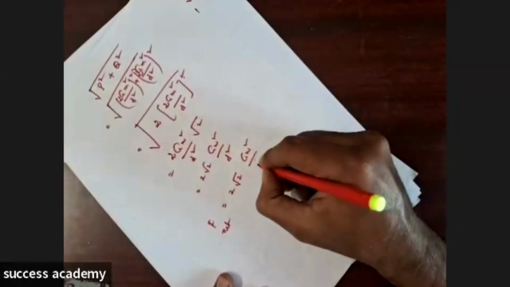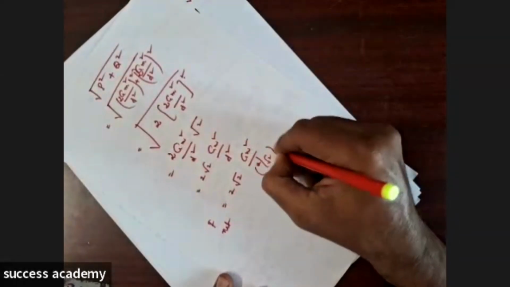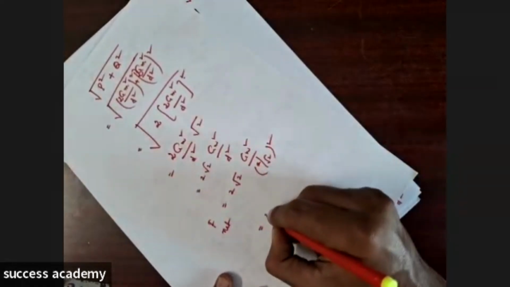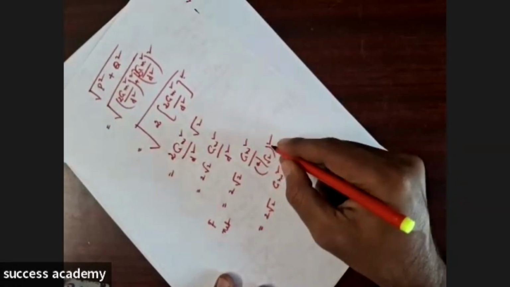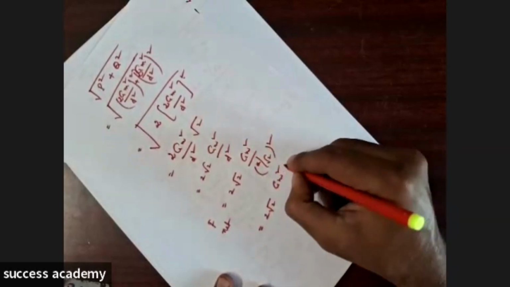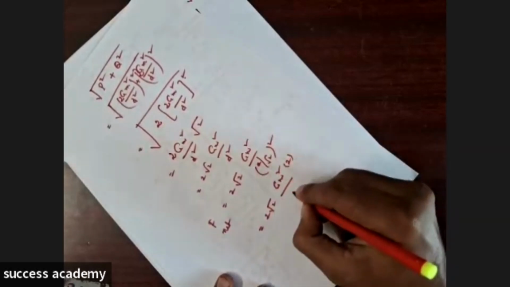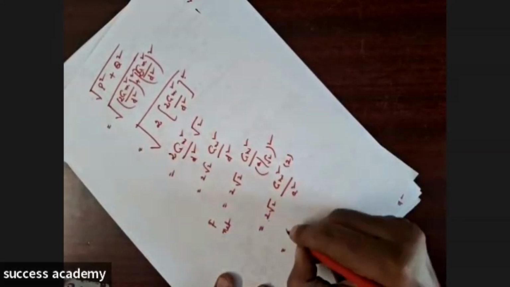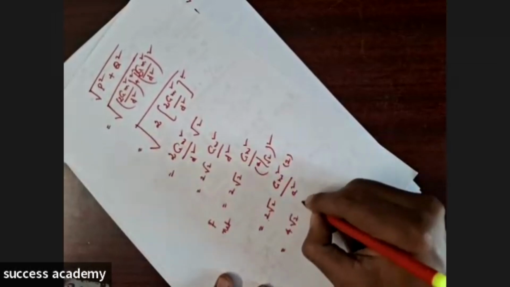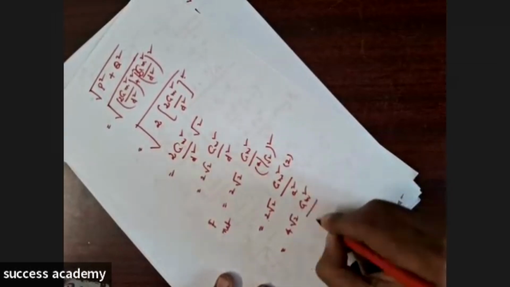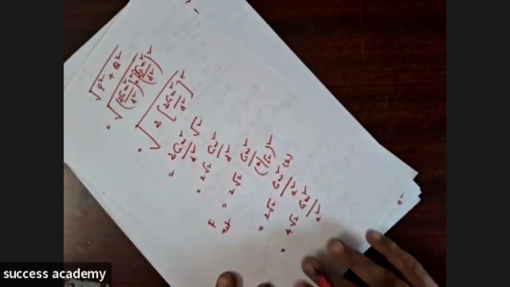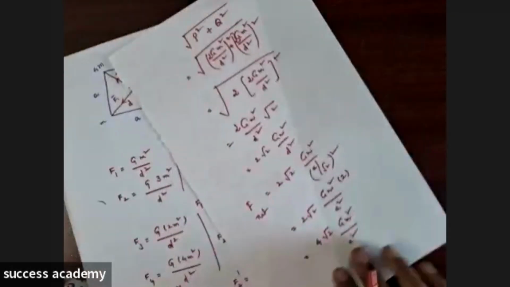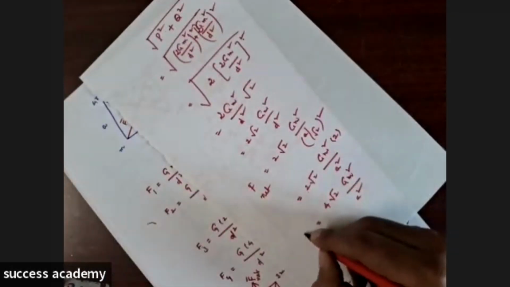So a by root 2 whole square, that is 2 root 2 gm square, root 2 whole square 2, that goes to numerator, by a square. 2 twos are 4, 4 root 2 gm square by a square. This is the net force acting at the center.